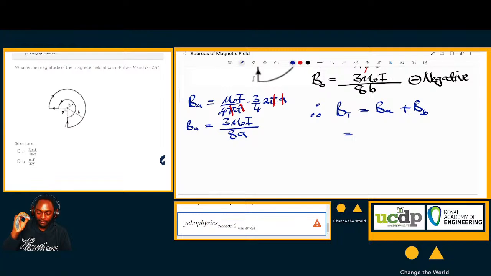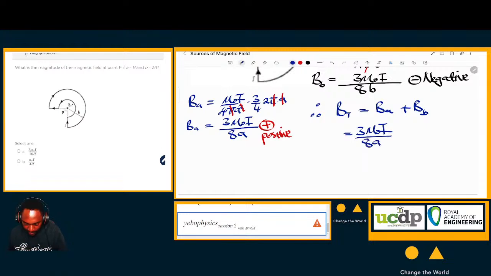Which is exactly the opposite of when the current was flowing in a clockwise direction. So this means that the magnetic field is positive. So to get our sum, BA is 3 mu naught I over 8A.